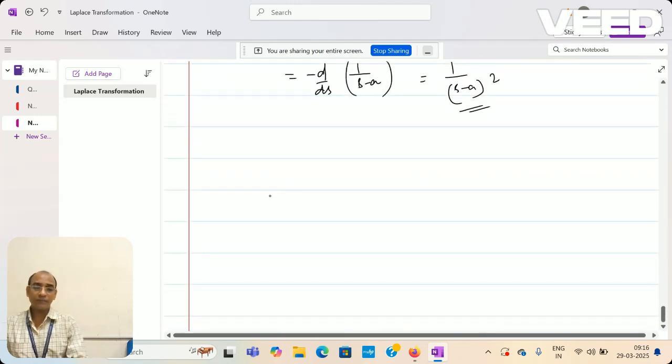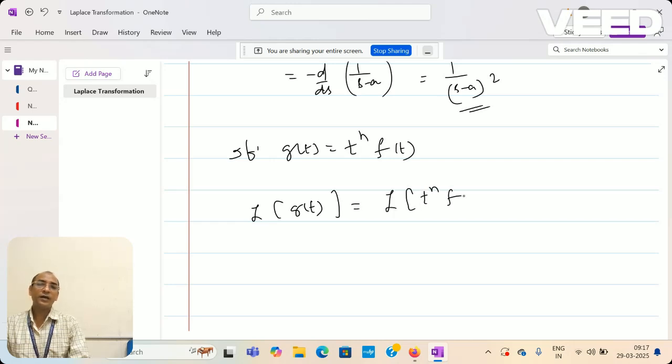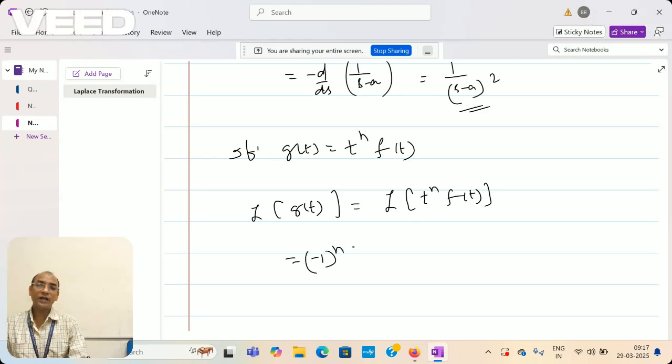Similarly, if it is multiplied by t to the power n, that means g of t equals t to the power n into f of t, then the Laplace transformation of g of t is minus 1 to the power n, d n by ds n of the Laplace transformation of f of t.